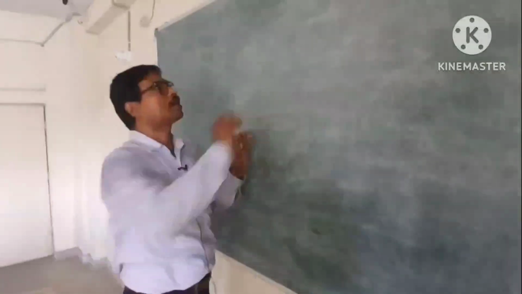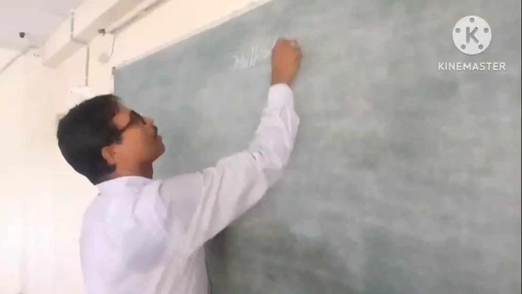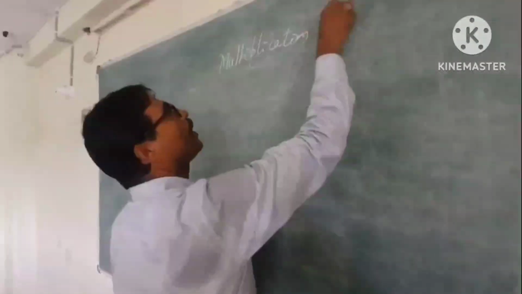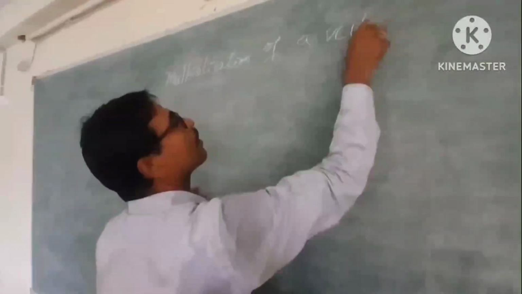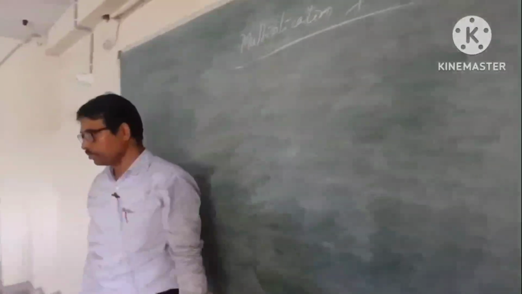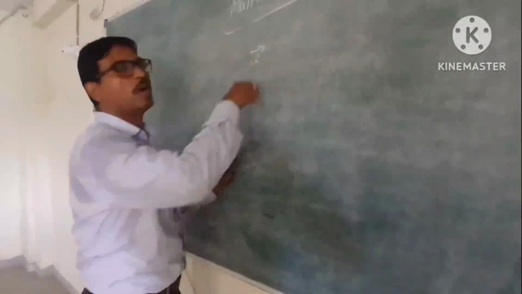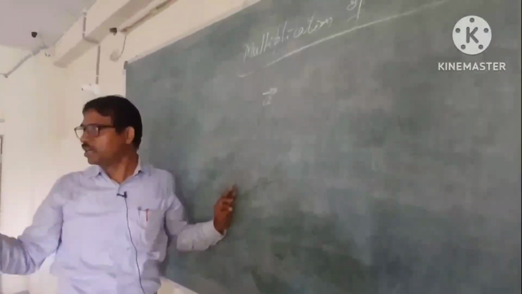multiplication of a vector by a real number. Suppose a vector A is multiplied by a real number, suppose that number is 2.